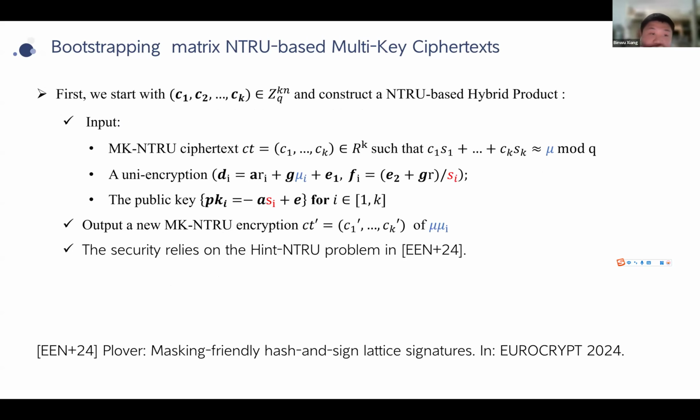Next, let's introduce how we perform the bootstrapping for this matrix-based NTRU ciphertext. We first construct a new NTRU-based hybrid product that allows us to achieve the homomorphic multiplication between a single-key NTRU encryption ciphertext of mu_i and the multi-key NTRU ciphertext of mu. It then outputs a new multi-key NTRU encryption of mu times mu_i.